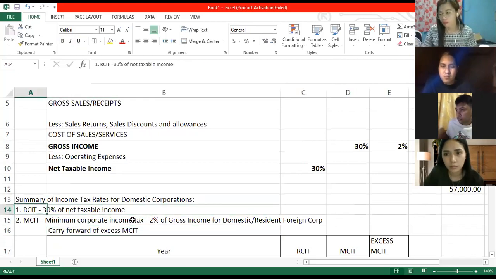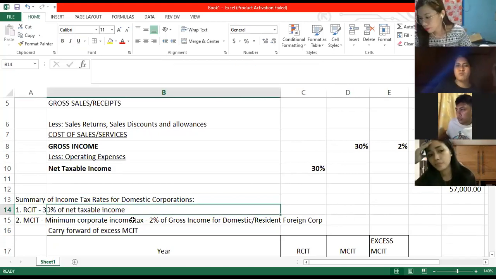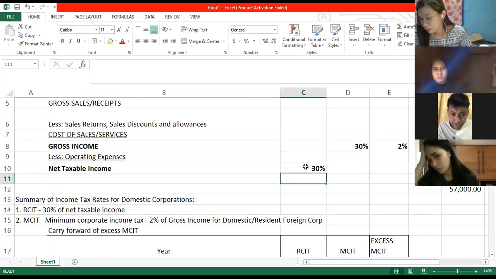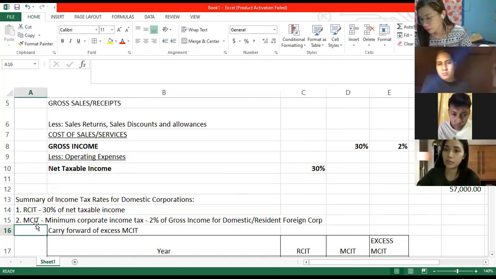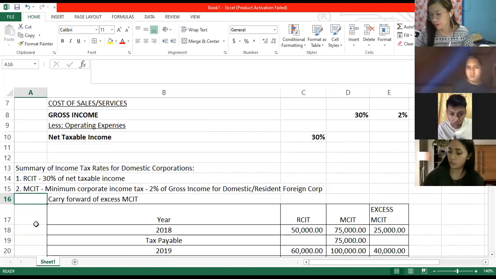For domestic corporations, ito yung mga tax rates na gagamitin natin. For regular corporate income tax, 30% of the net taxable income. Now, for minimum corporate income tax, again, yung essence ng MCIT is para maiwasan yung mga under-declaration ng income. Okay?